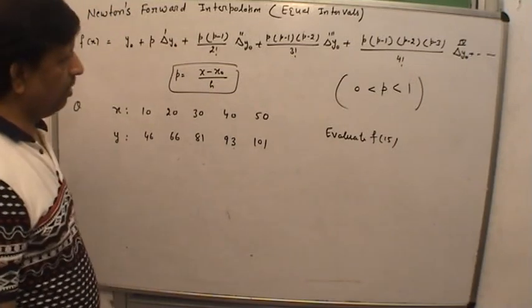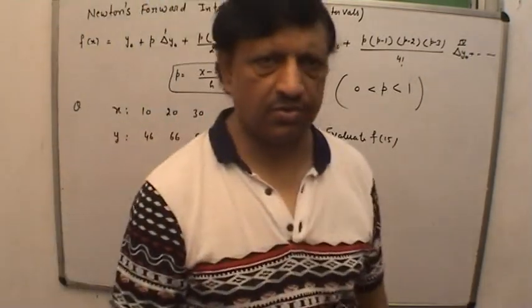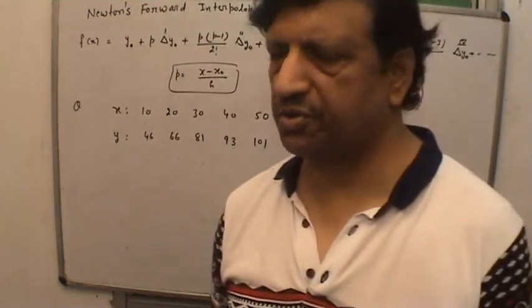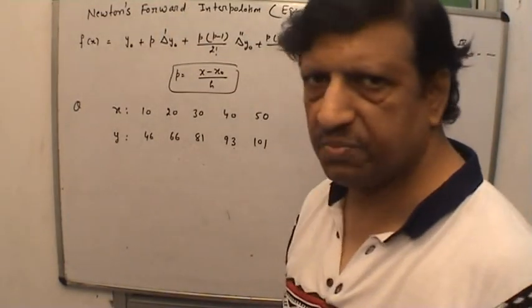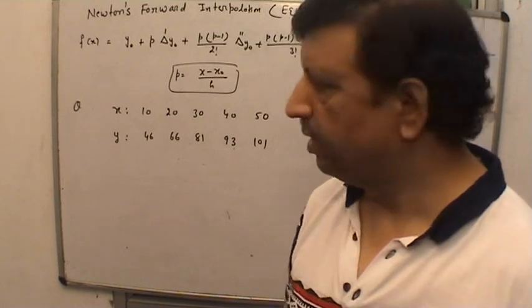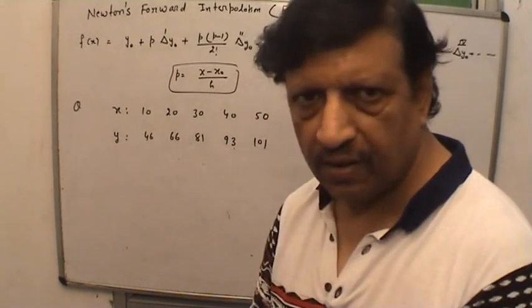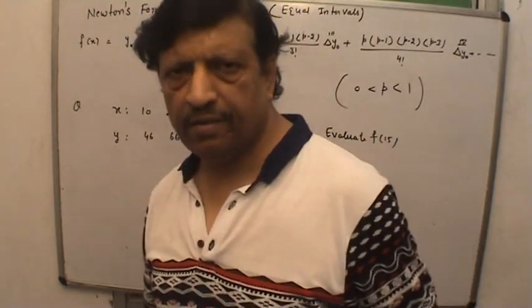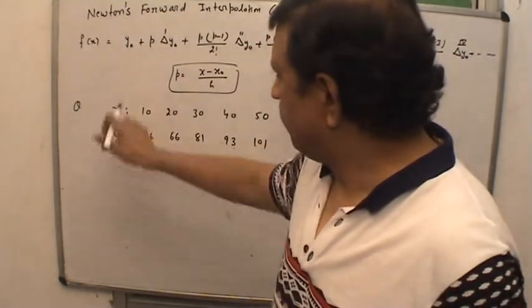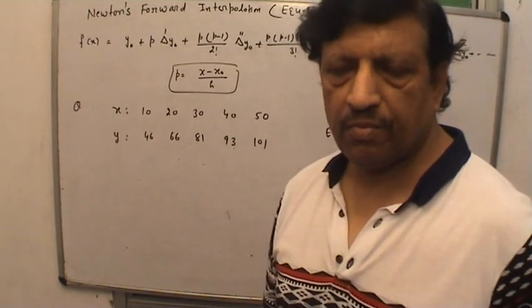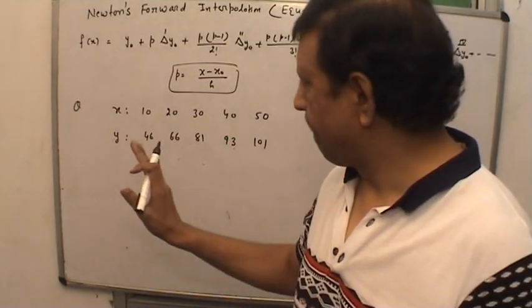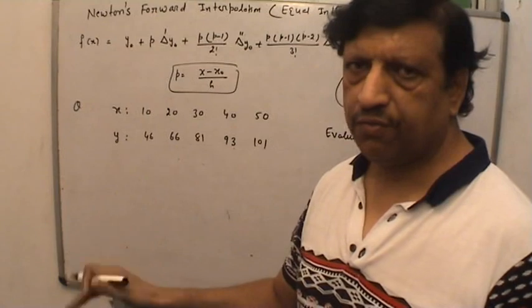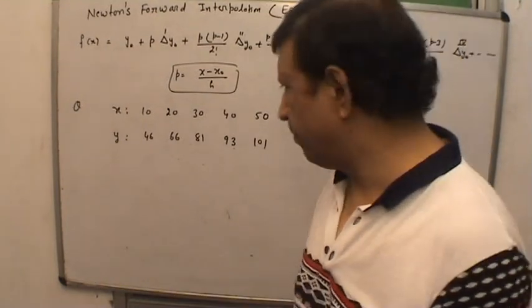First of all, in both cases of Newton's interpolation, whether forward or backward, we construct a difference table. The method of constructing the difference table in both is equally the same, but the difference is in where we select the values from.